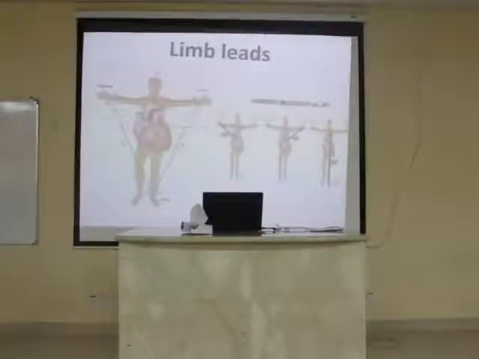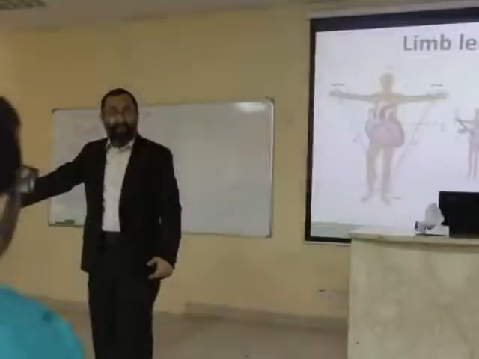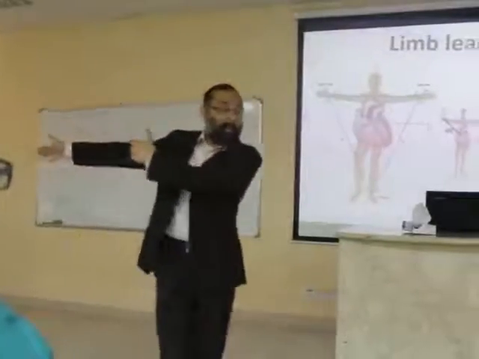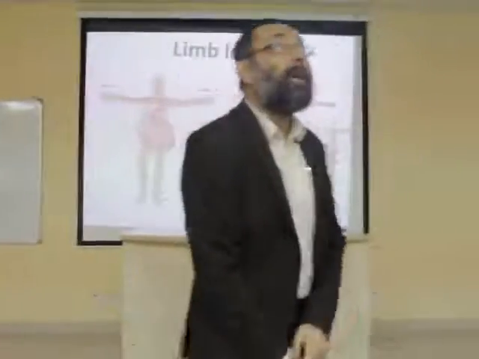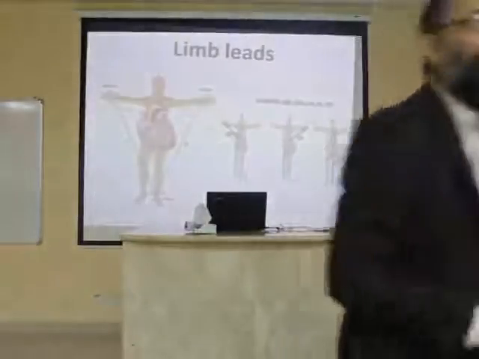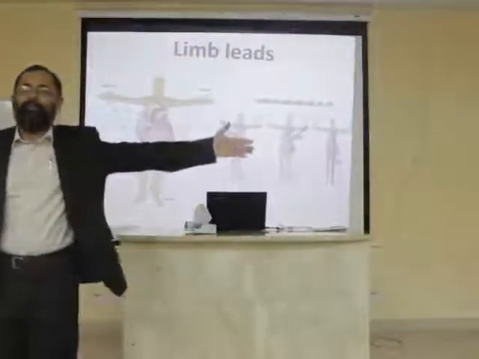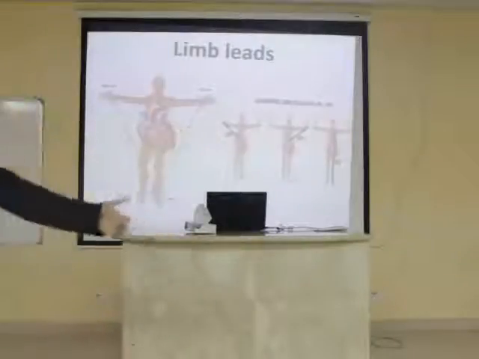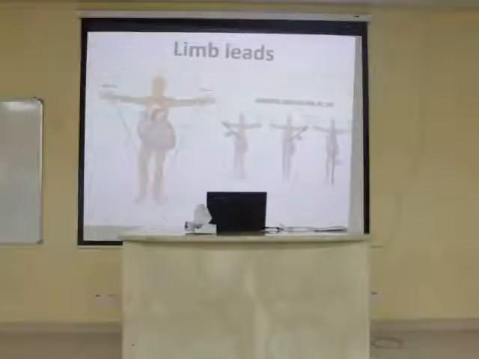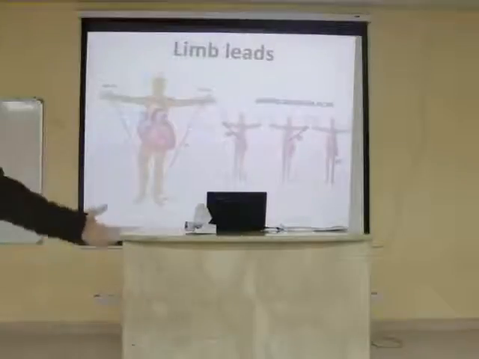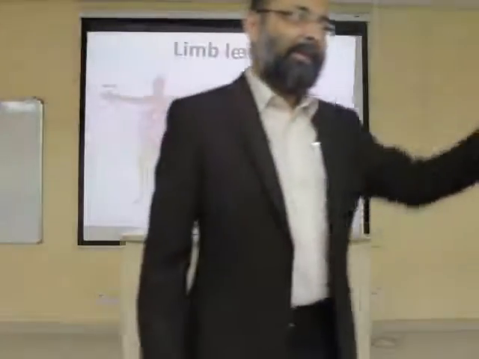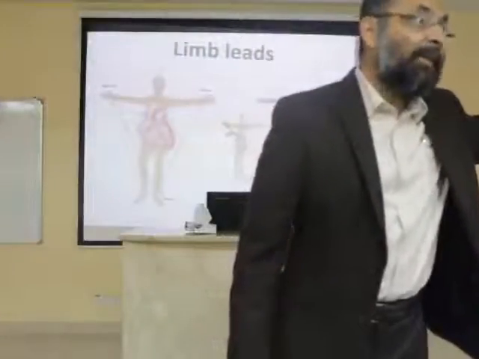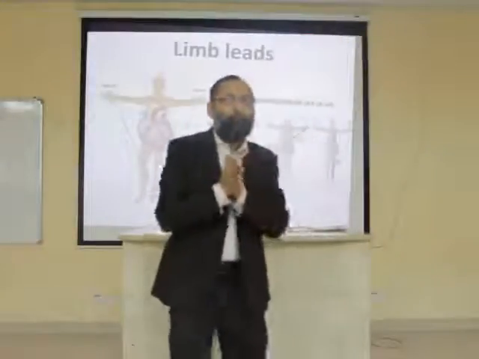If you are making a connection between these two, my left leg positive and my right arm negative, this system is known as lead 2. Now, imagine lead 3. Which is positive and which is negative? Leg is positive, and left arm is negative.